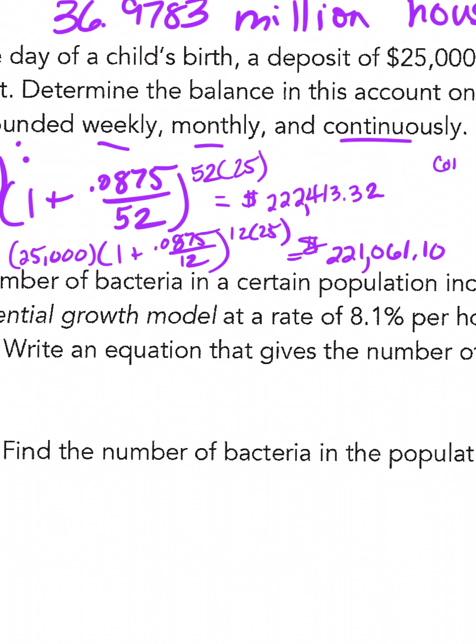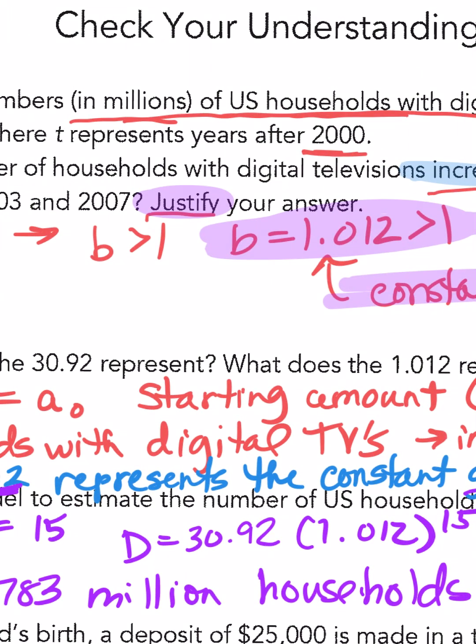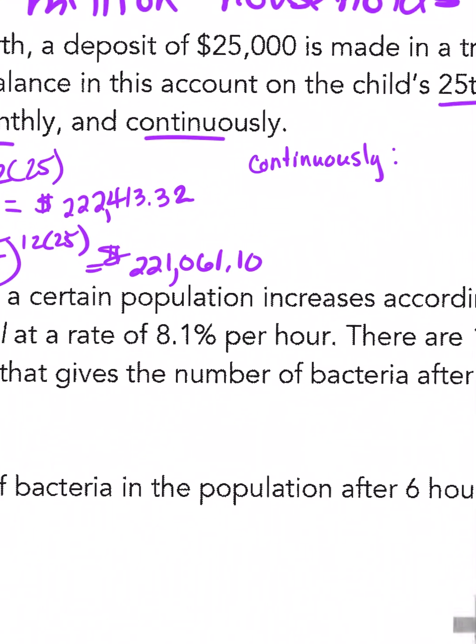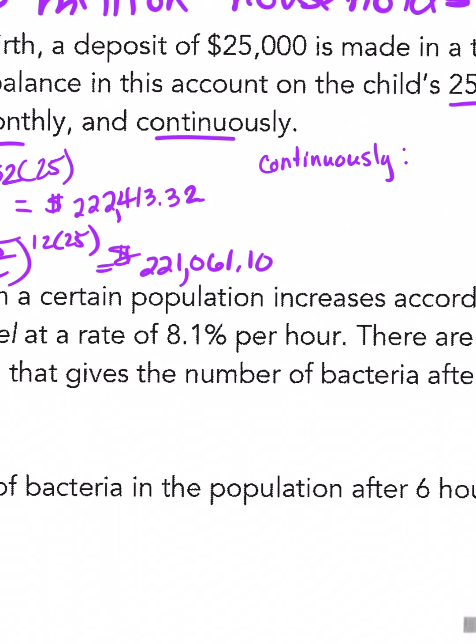And then continuously, we're going to be changing formulas, and we're going to be changing the formula to P naught e to the RT. Okay? So P naught is going to be that 25,000 times e to the 0.0875 times 25.